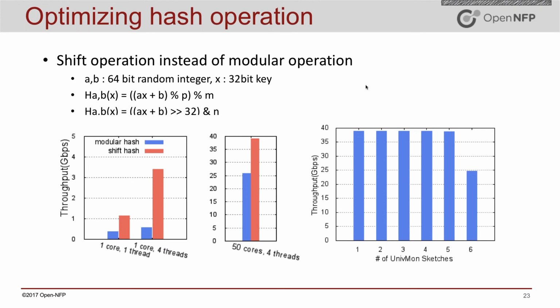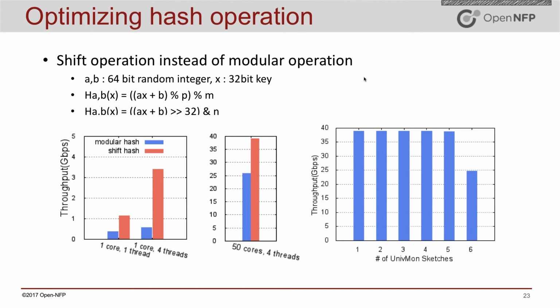The results here show the benefits of going from the traditional modular hash, which is what we had used all along, to the shift-based hash function with a 32-bit key. You'll see there's a substantial improvement: we can go from, say, 25 gigs to almost 40 gigs, up to 5 universal monitoring sketches.